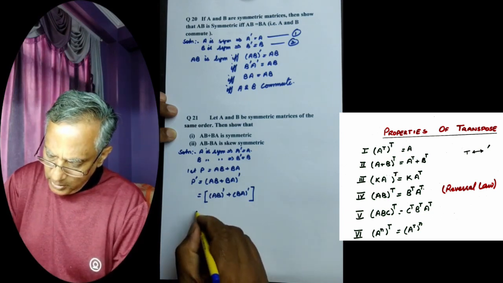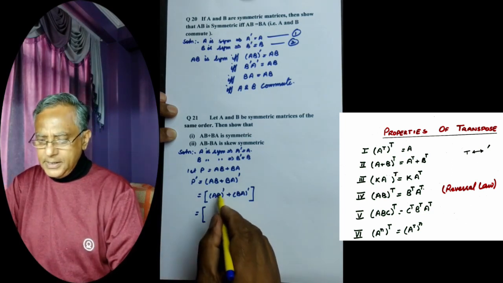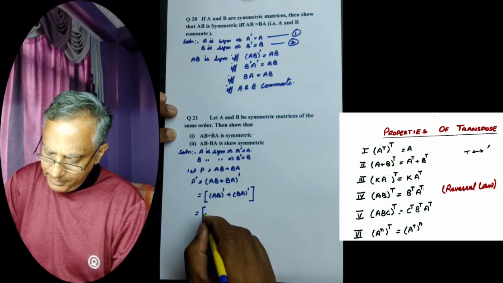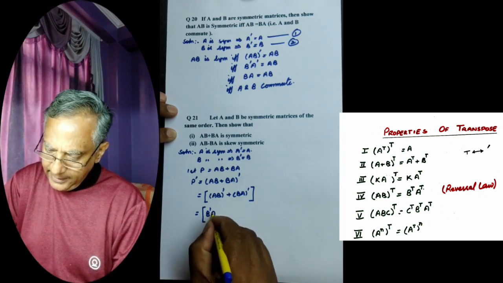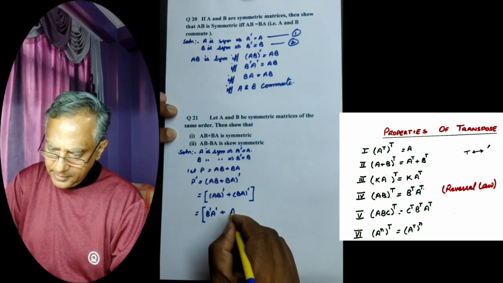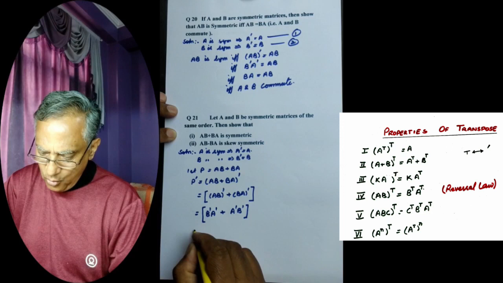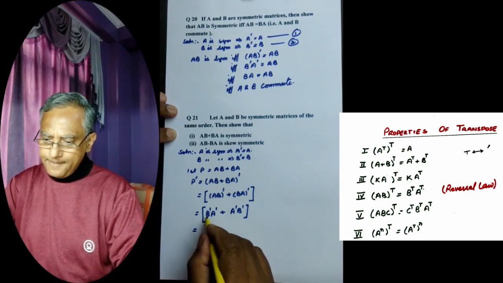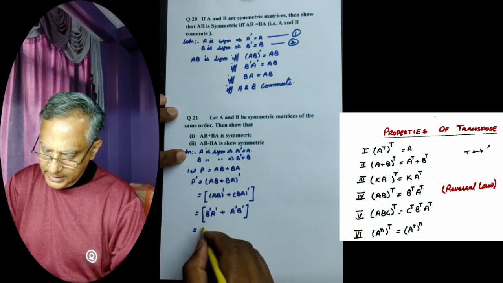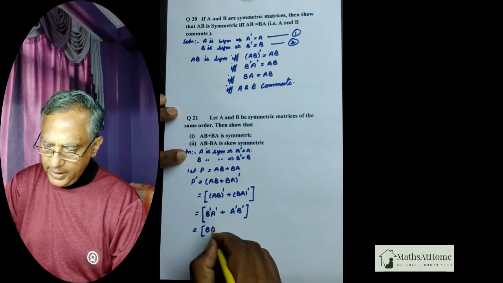So this is equal to, now (AB) dash is B dash A dash, reversal law. So this is B dash A dash plus (BA) dash will be A dash B dash. So this is equal to, now B dash is B because B is symmetric. So this is equal to B and this must be equal to A.